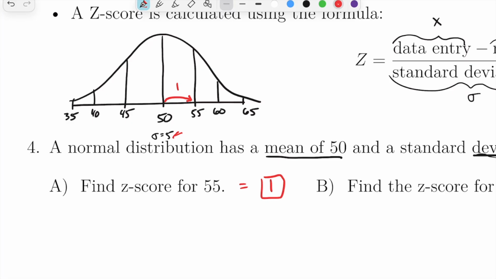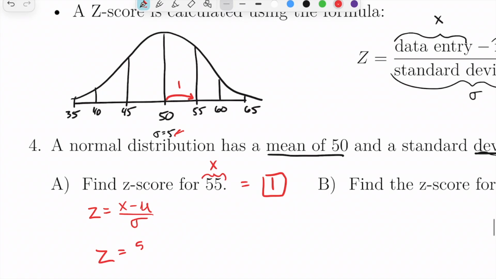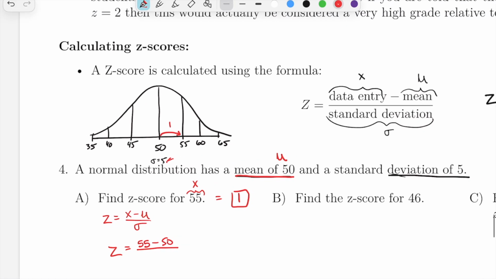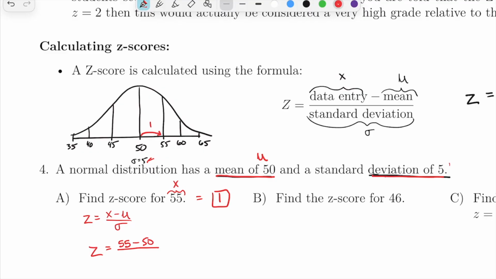And it is. But let's use our quick formula here where z equals the data entry minus the mean over the standard deviation. The data point that we're using, this right here, is x. So that's 55 minus, and they tell us the mean of 50. The mean of 50, that's our mu, or you can just call it the mean. And then we're also told the standard deviation is 5.